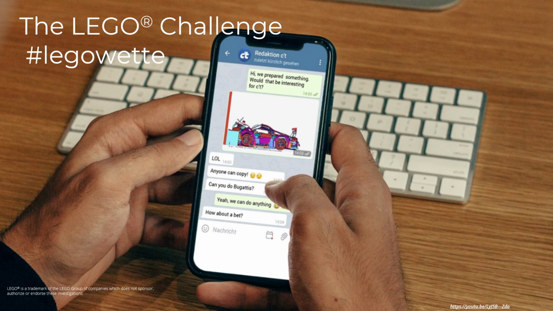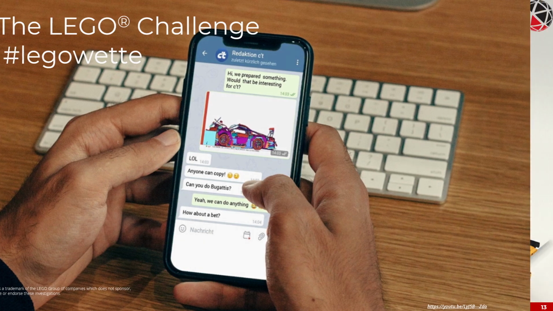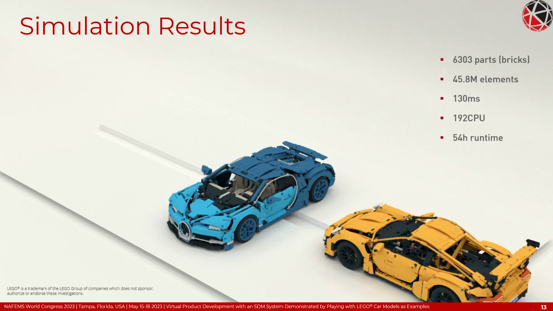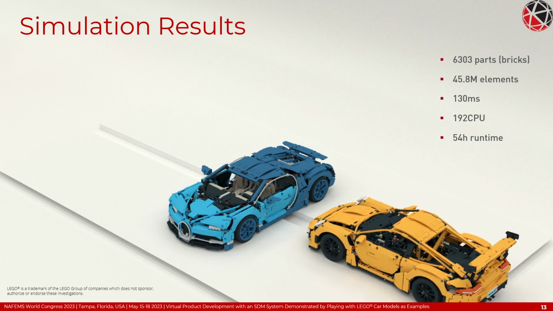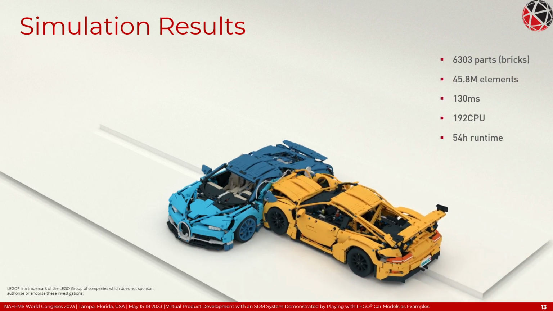But they told us no, they would only write something if we were actually able to predict things and not simulate something that we had already seen. They suggested that we do a scenario where the simulation is even bigger. The Bugatti is a Lego model which is bigger than the Porsche, and the simulation should predict what is going to happen in the actual test.